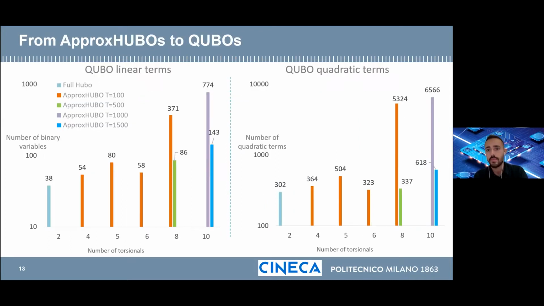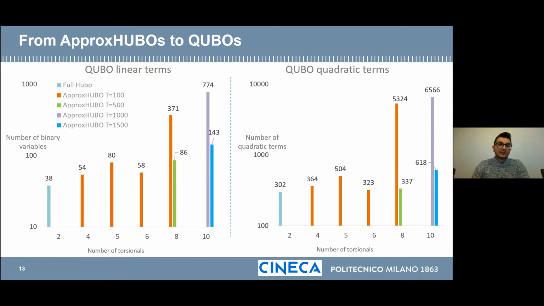Yeah, maybe here. Okay, I see that on the left part for 6 there is a decrease in the number of variables. Do you think this is in general true, or depends on the particular molecule?